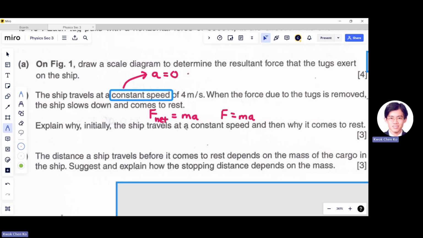Otherwise, this formula is not usable. So if you want to use this particular shorter version, it's fine as long as you take note that this is a net force. Now, as I said, based on this formula, since acceleration is 0, net force should be 0 too. Okay, so see whether you can make use of these hints.